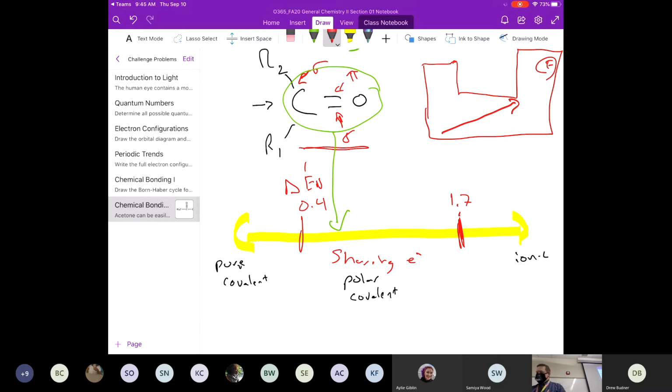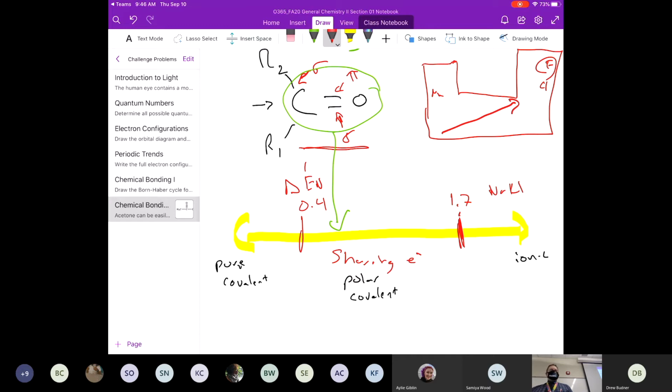And if we look, for example, at, say, chlorine and sodium, if we looked at their difference in electronegativities, we find that it's something like 2, right? Which means that sodium chloride is going to fall over here as an ionic compound, as we've told you, right? Typically, unless you're looking at the values, they have to be very close to each other on the periodic table for them to fall into this pure covalent compound, right?